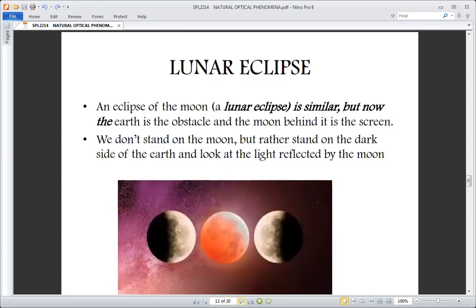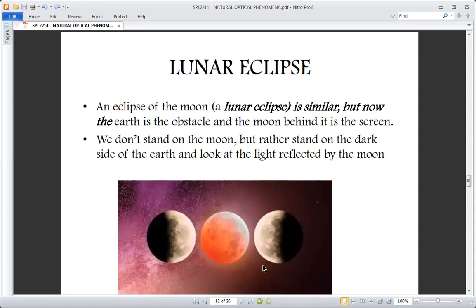Of course, there is also the lunar eclipse, which is when you have the moon on one extreme end and the sun on the other extreme end, with the earth in the middle. The lunar eclipse happens at night, and it happens because the moon reflects part of the rays coming from the sun.